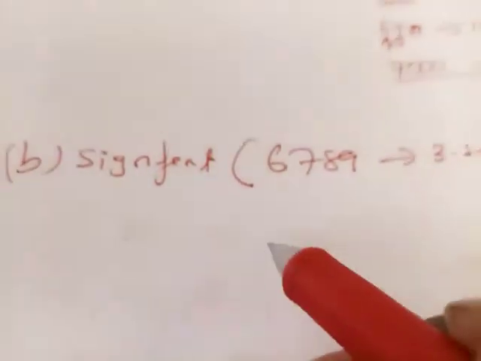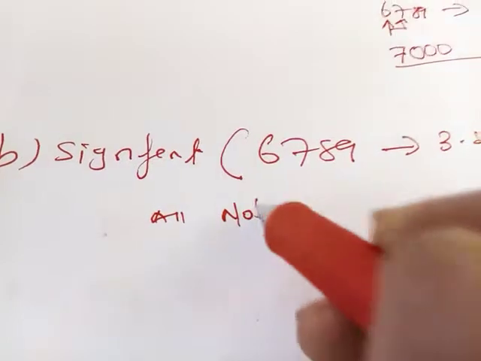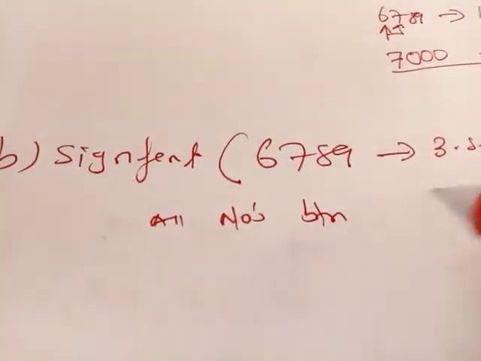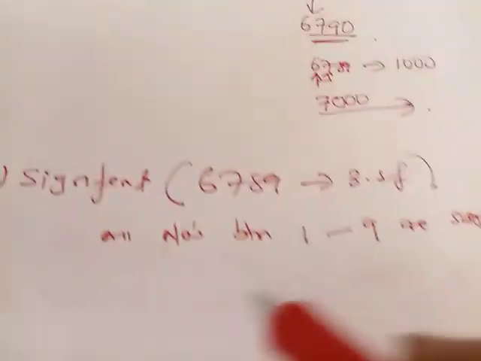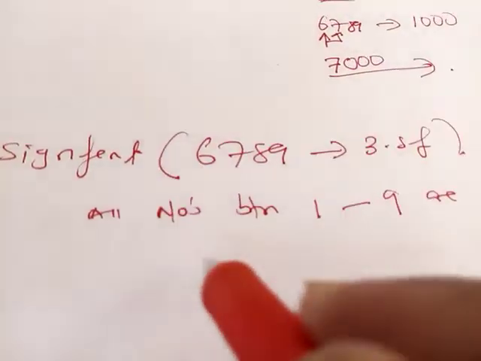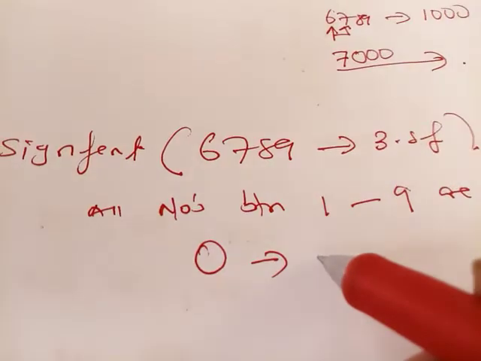Right. Now, we know that all numbers between 1 and 9 are significant. They are significant, right? 0, its significance depends.